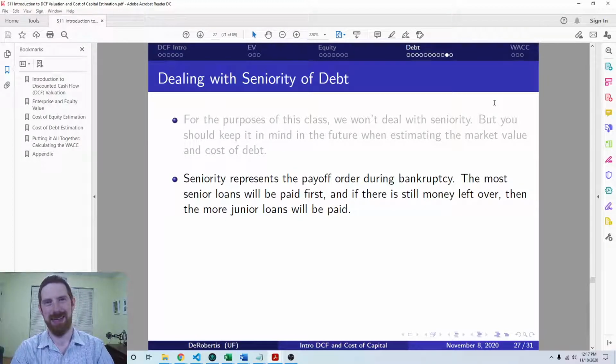But oftentimes, there's not even enough money after liquidating the assets to pay all of the debt holders. And so some debt holders are going to get paid and others are not. And the seniority is what determines that. So seniority is just about this payoff order. A senior loan is going to get paid off first. And then if there's still money left over, then the junior loans are going to get paid off.